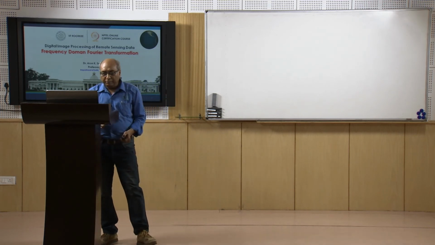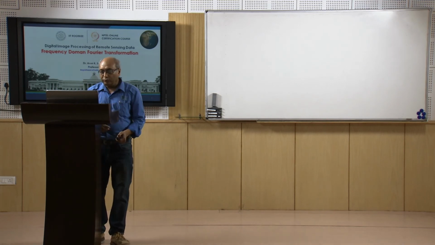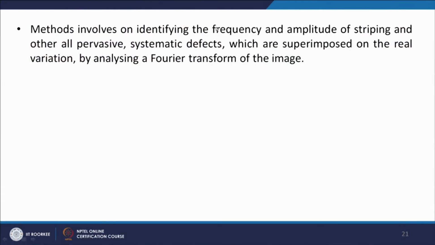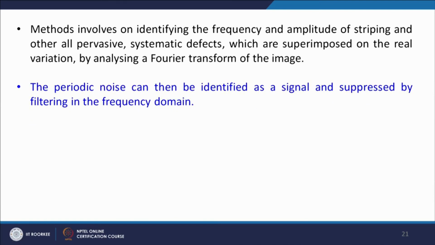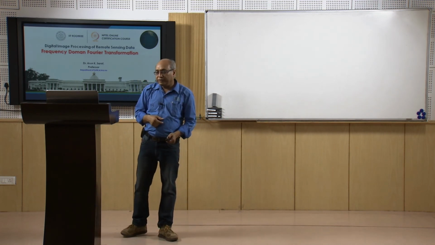So this method involves identifying the frequency. It's just a recap: identifying the frequency and amplitude of striping and other pervasive systematic effects. Systematic and distortion defects superimposed on the real variation can be removed very easily by analyzing a Fourier transform of the image, and the periodic noise can then be identified as a signal and suppressed by filtering in the frequency domain.